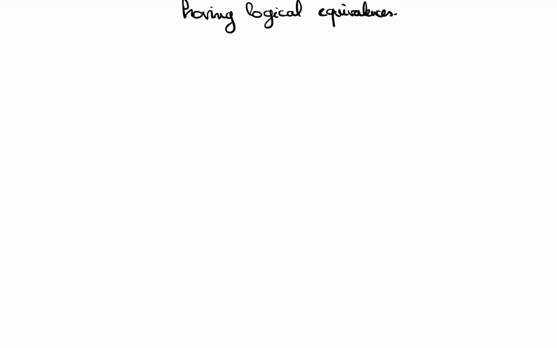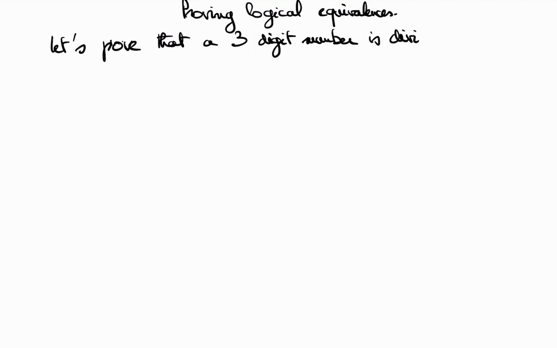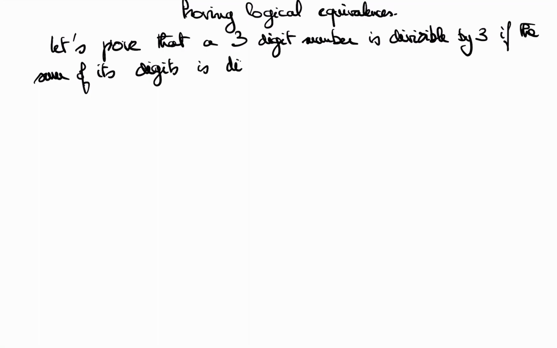Now, okay, let's prove that a 3-digit number is divisible by 3 if the sum of its digits is divisible by 3.